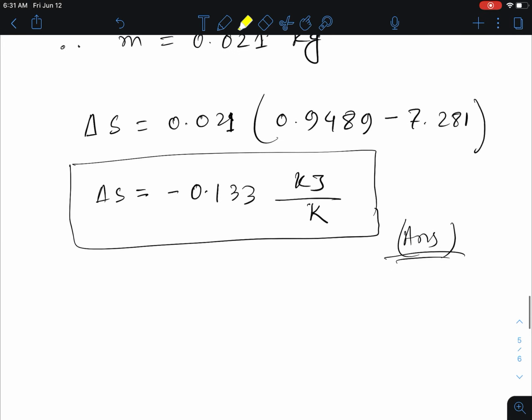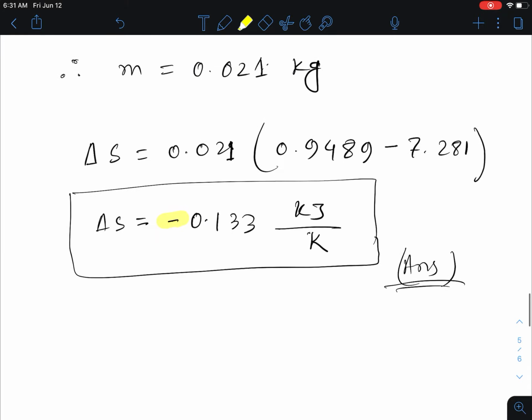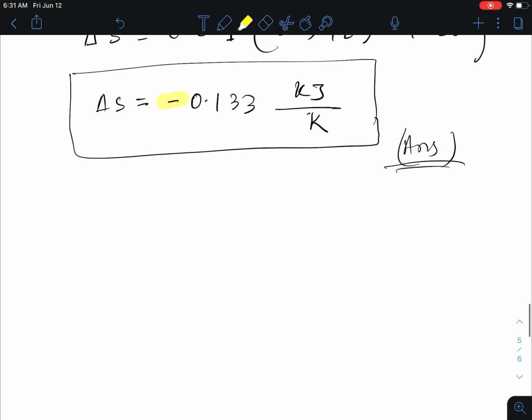However, one important thing is this negative sign here, the negative entropy change. In this case heat transfer is happening, and we saw that the temperature is changing from 150 degrees C to falling to 40 degrees.